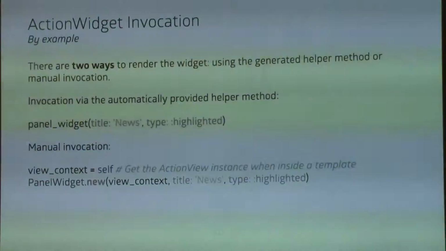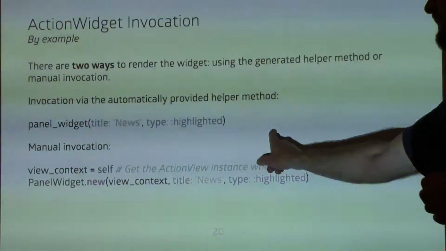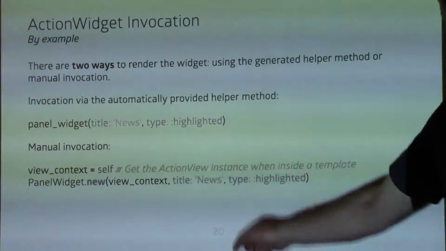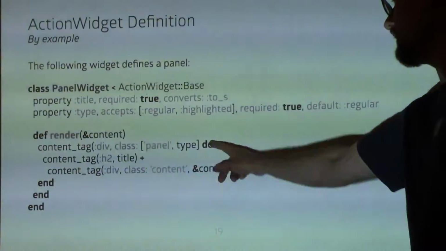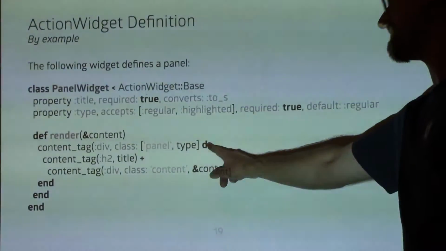To make this a little more understandable, the way you would call it is you have an automatically generated helper method that is simply your widget name underscored, and then you provide the properties. And what I omitted here, the widget would actually take a block that defines the content and is then rendered inside of this div essentially.